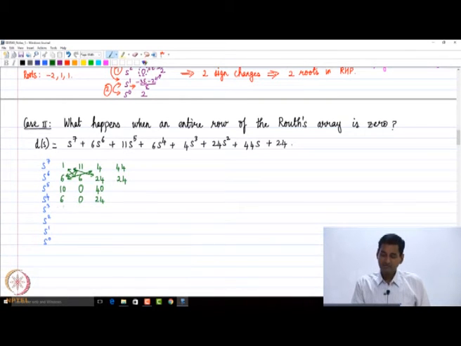Now, we go to the s cube row, what will I get? 0 and 0. So, now we have an issue. We have come to a stage where the entire row of the Routh array is 0. What do we do?